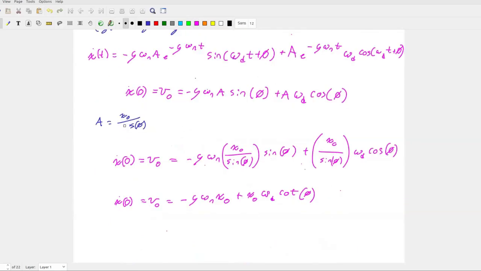This should be sine. Does that help fix the problem here? Oh, and that's what it is in the notes. Okay, is that right now? Yeah. The notes are right. I transcribed them wrong. Thank you.